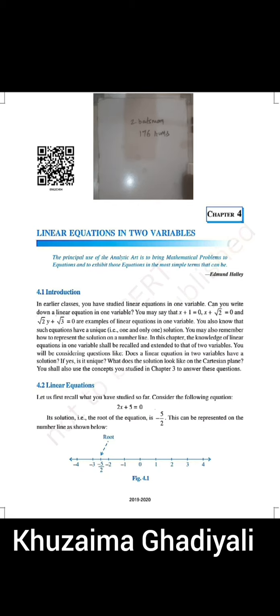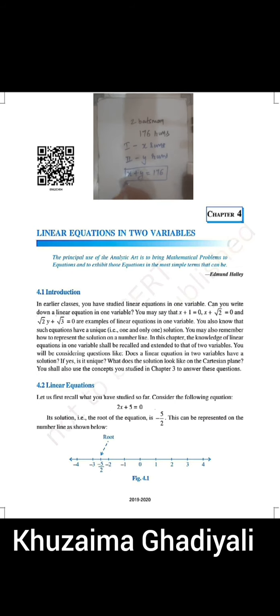We don't know how many runs the first batsman or the second batsman scored. So suppose the first batsman scored X runs and the second batsman scored Y runs. Together we can write X plus Y is equal to 176.